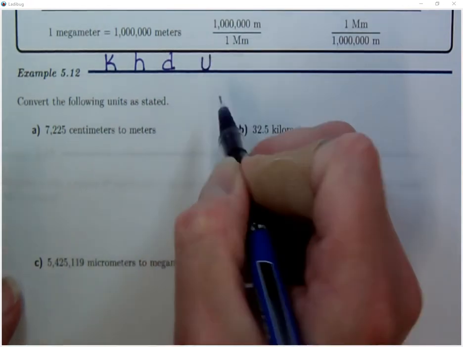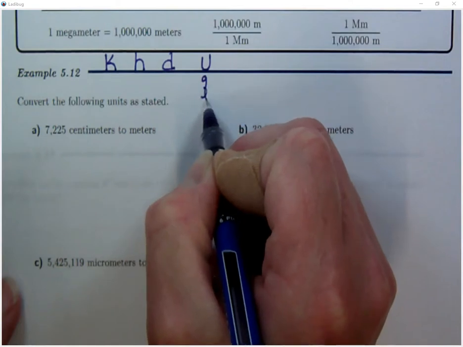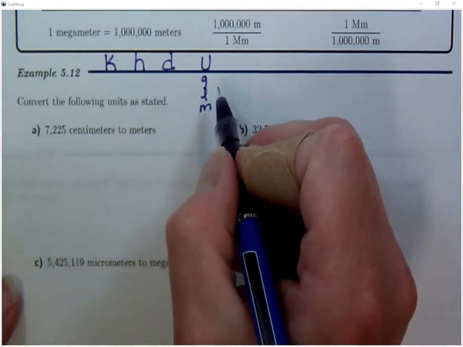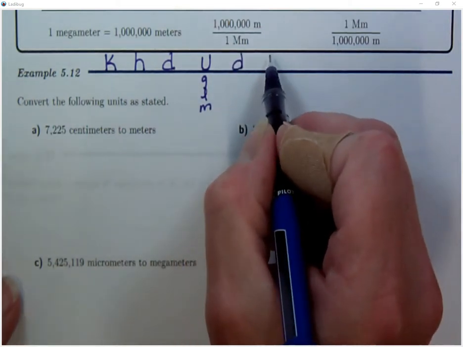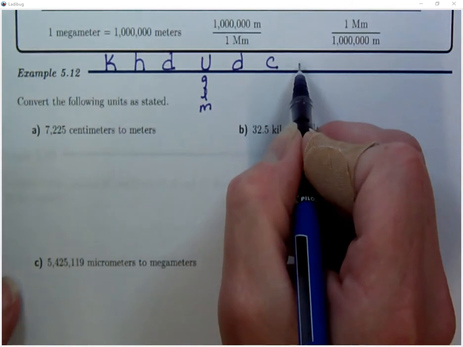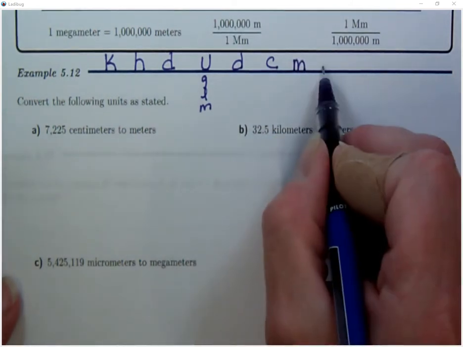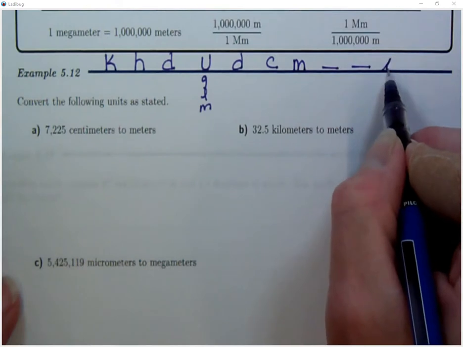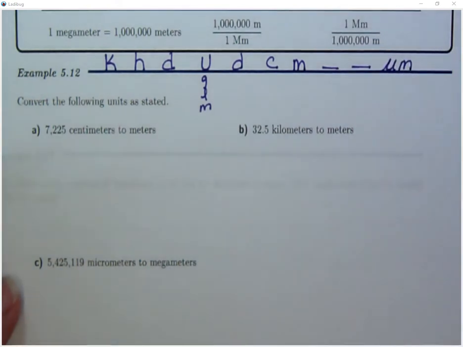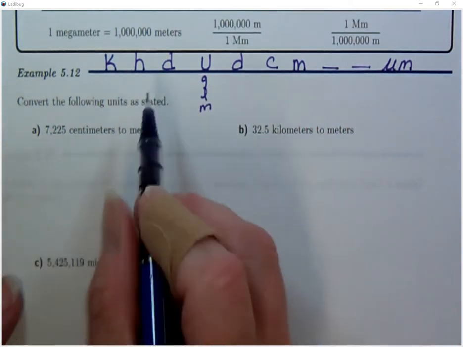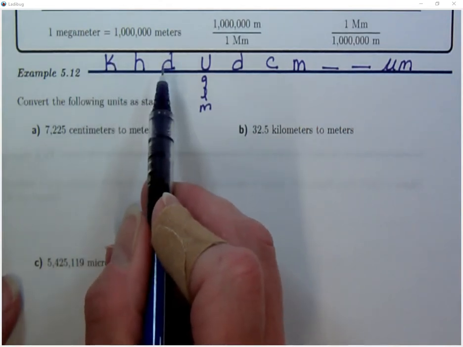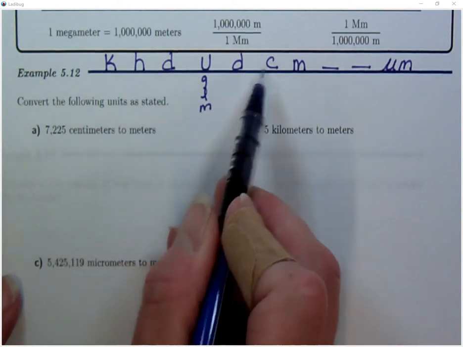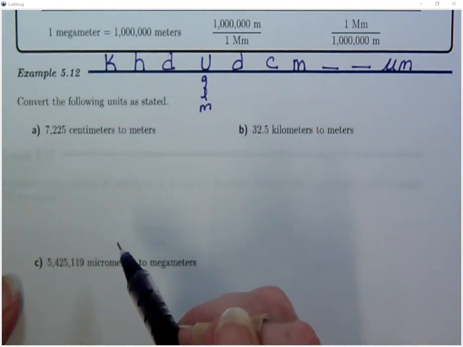I'm going to label that as a U. That might be grams, liters, meters, whatever it is. That's our unit. And then deci, and centi, and milli. And a few spaces down, if we need it, are micro units. If you want to remember it, King Henry doesn't usually drink chocolate milk is a good little way to remember that.